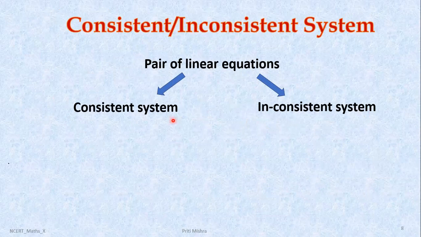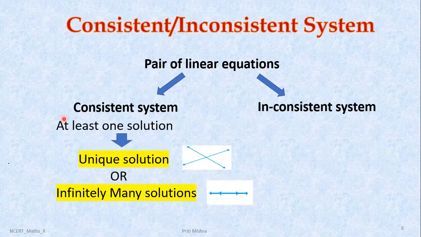For a consistent system, the pair of linear equations should have at least one solution. At least one solution means it can have a unique solution or it can have infinitely many solutions. So for a unique solution, you will have two lines just like this. If they are intersecting at a point, only then can they have a unique solution.